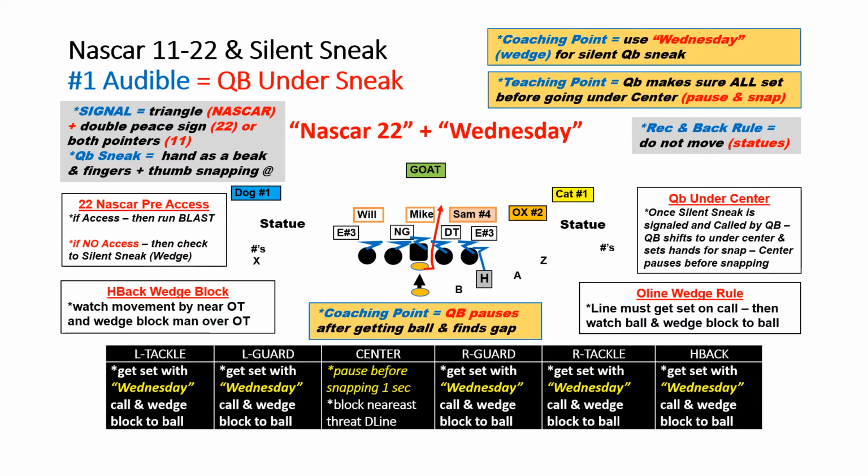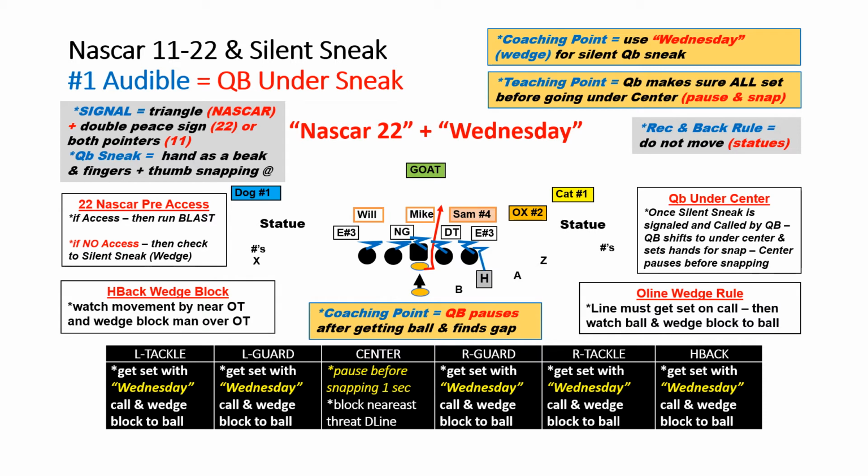All right, our first, what we call check or audible, is we always want to have the ability to use a quarterback sneak under center in short yardage. So again, we would call and signal NASCAR 22, which puts us in a 3-by-1 compressed set to the right, even number to the right, and we're automatically with 22, even number, thinking we're running blast.